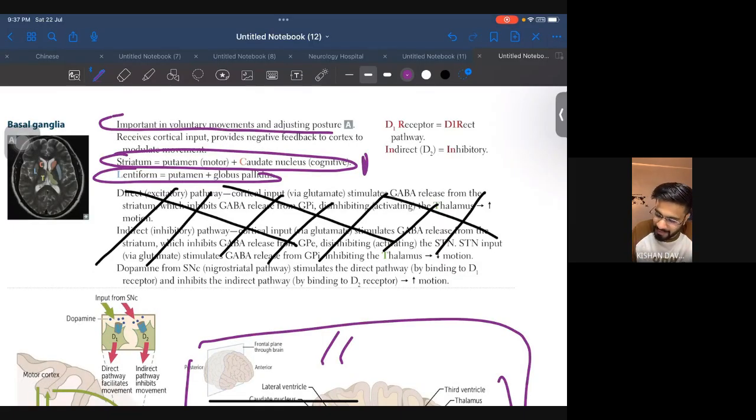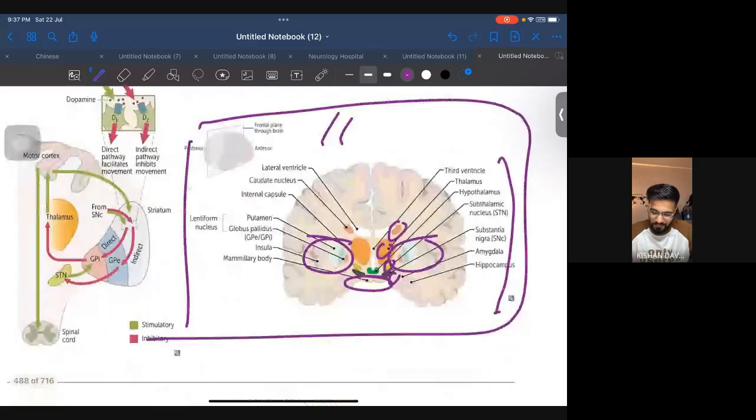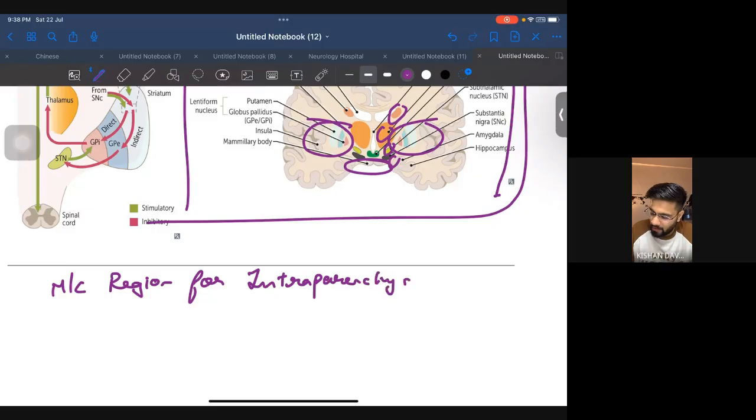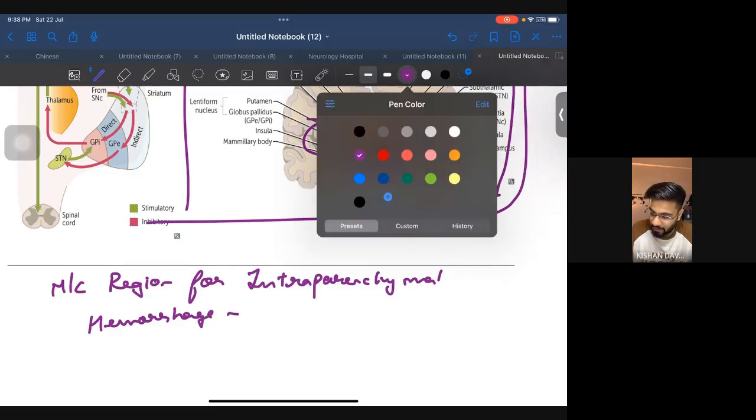Important in voluntary movement and adjusting posture, receives cortical input, provides negative feedback to cortex. Okay, so movement करने में help करता है. That is what the basal ganglia is. Now another thing, most common region for intraparenchymal hemorrhage, it is basal ganglia.